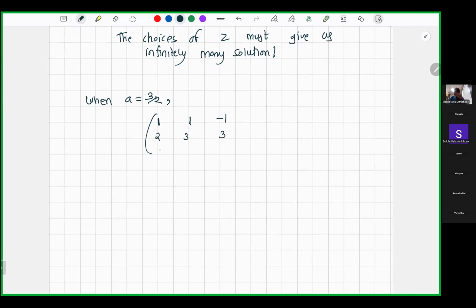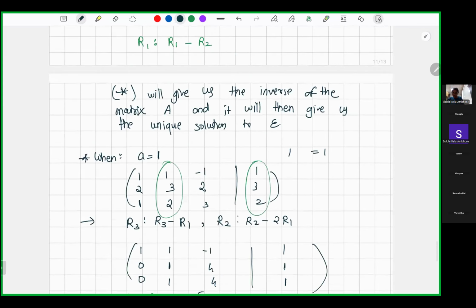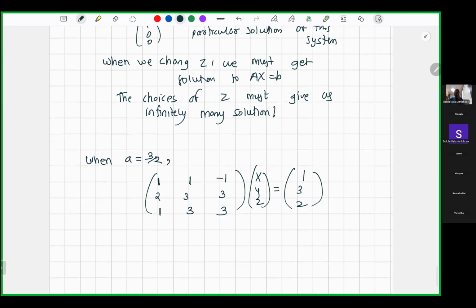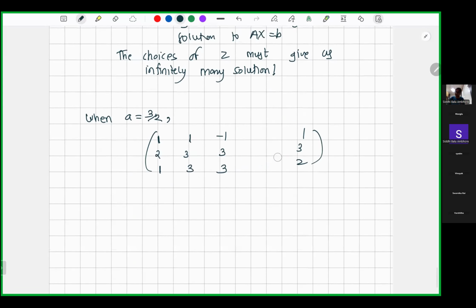And here it is 1, again 2 into 3 by 2 giving me 3, and 3 again here is equal to 1, 3, 2. Okay, and this XYZ here, I hope I wrote that in earlier when I wrote the system previously. No, I directly wrote the augmented matrix. So let me write that again here.